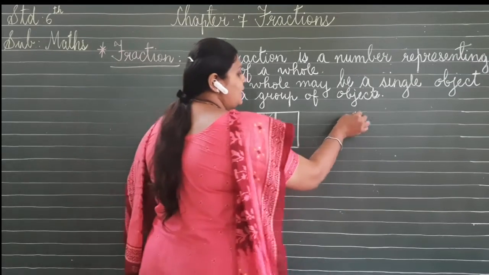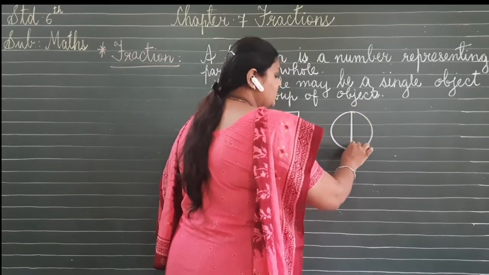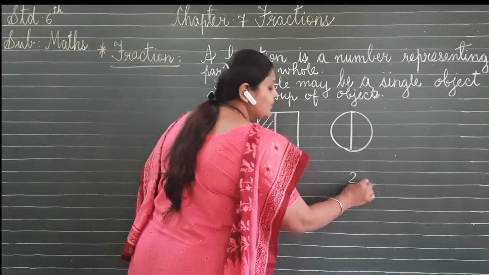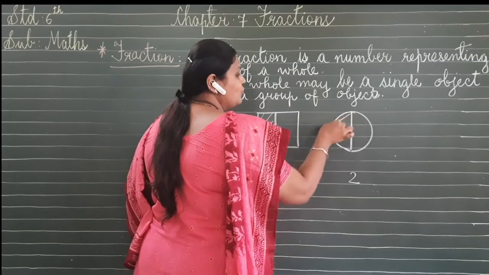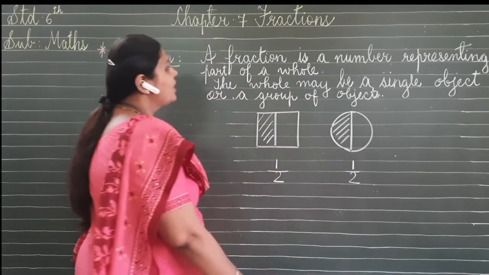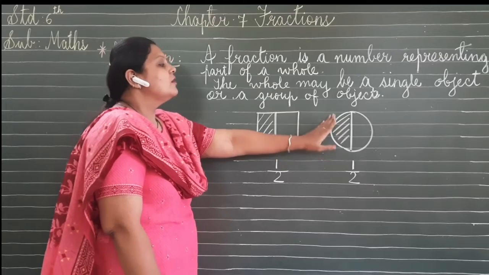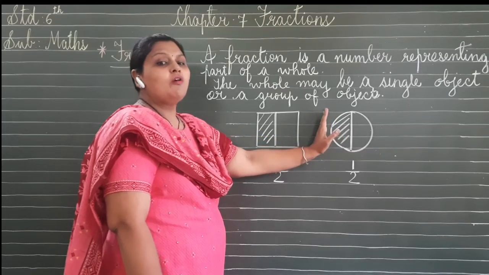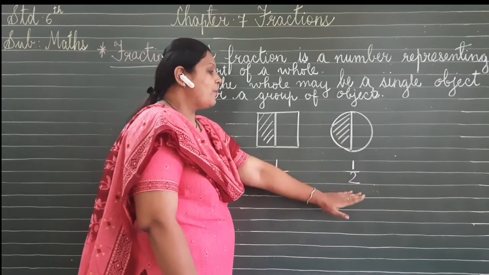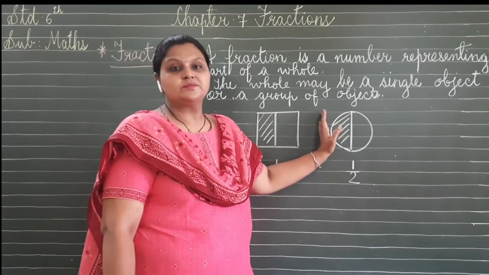Same way, if I draw the circle and make two equal parts of the circle, out of two equal parts, one part is colored. So, a fraction is a number representing part of whole. Here 1 represents a part of whole. Out of total 2 parts, 1 part we have represented.